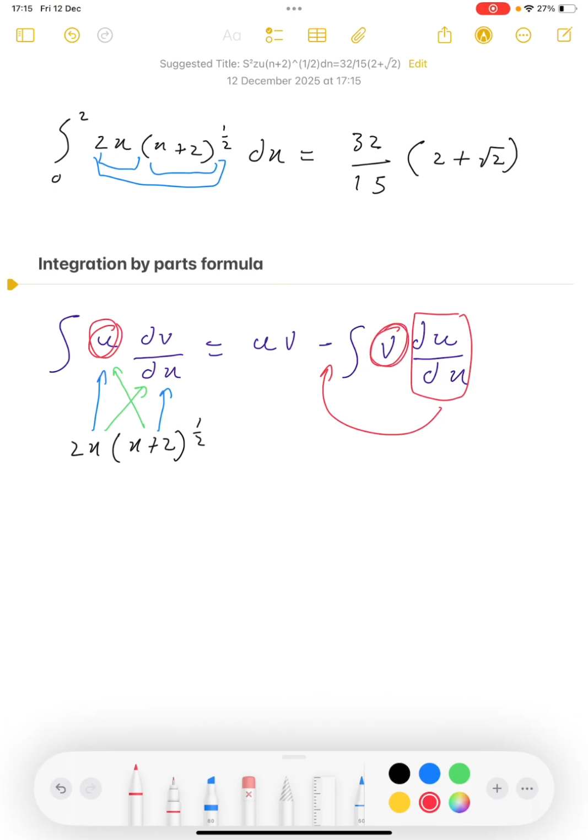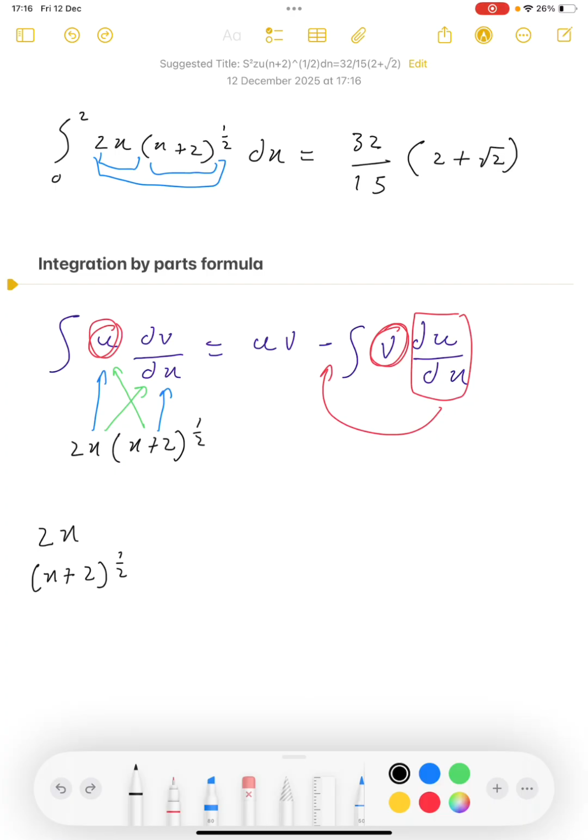So if we can make one of the functions differentiate into a constant, then we'd be able to integrate it nicely. So if we look at the two terms we have, 2x and (x + 2) to the power of 1/2, now, if we look at the flow, we're going to either integrate dv over dx, one of these, and it will become v, or we can differentiate it and it will become du over dx.